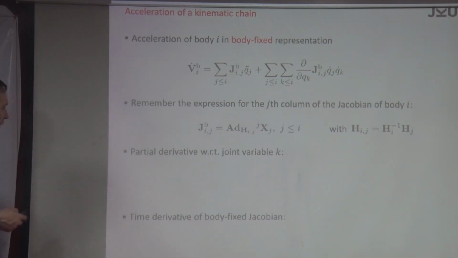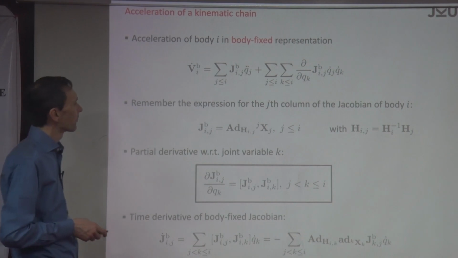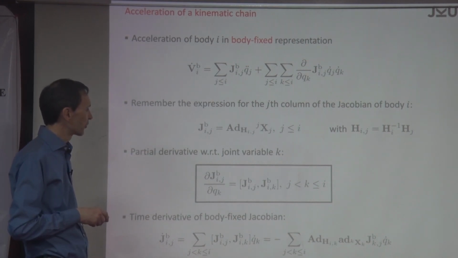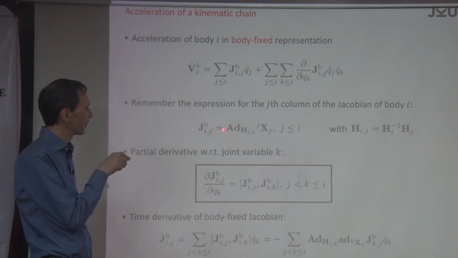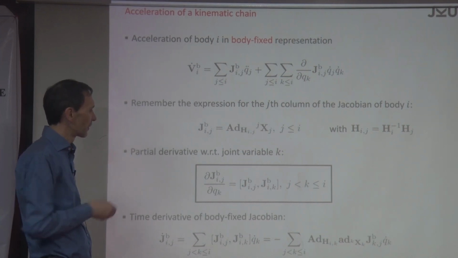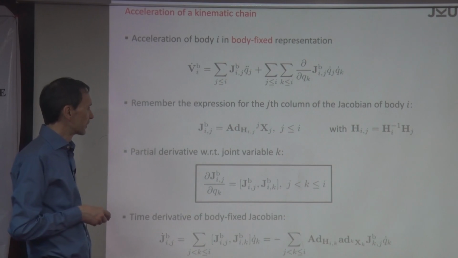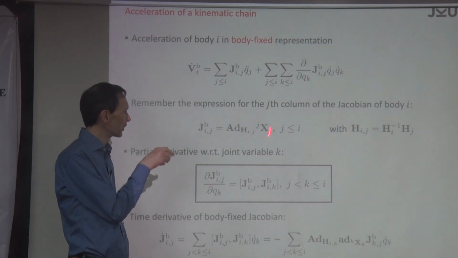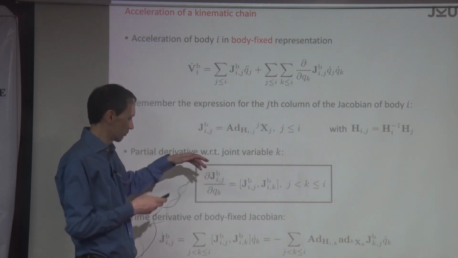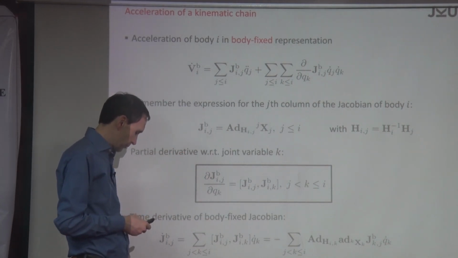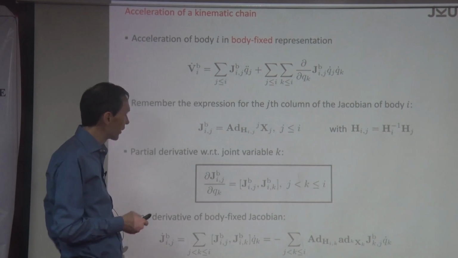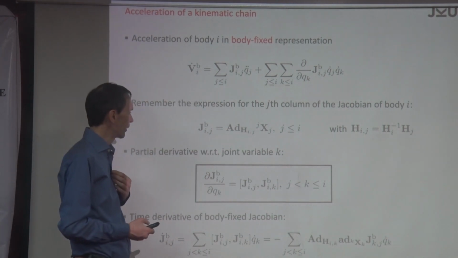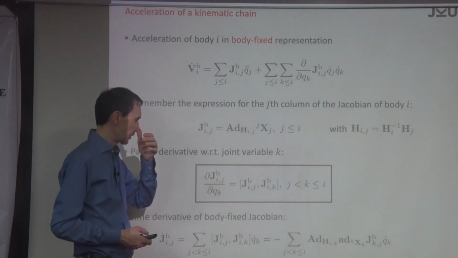Okay? And if you now take the partial of this Jacobian, then what we have to take is the partial of this term, of the adjoint thing. By taking into account that this is actually defined by the adjoint transformation, we can derive this equation.